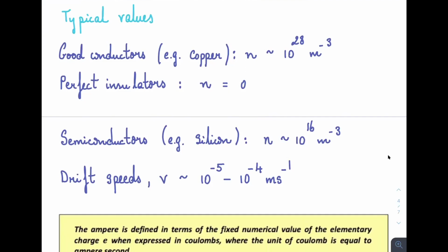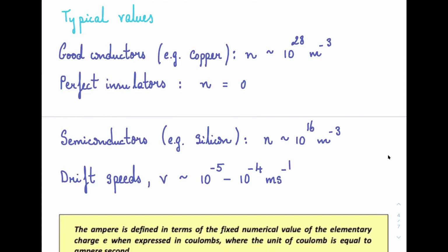That is why a bulb, for instance, lights up the very moment you turn on the switch. So don't think that by having these small values of drift speeds, we get a delay when we switch on current. The reason is the one I've just mentioned.